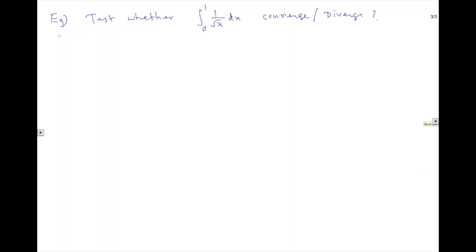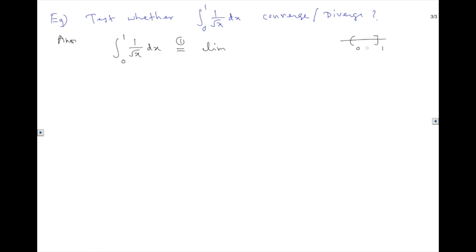So the answer: we have the integral from 0 to 1 of 1 over square root of x dx. What we're going to do is write the limit definition. That's step 1, the limit definition. So it's a limit. What we have here is open at 0, closed at 1.